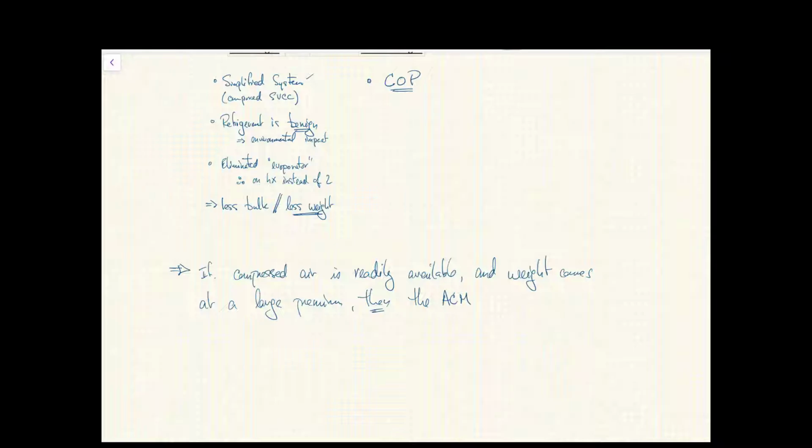Air cycle machine, that's the name again of the refrigeration system that runs on a reversed Brayton cycle. Then the ACM cycle, the ACM system makes a lot of sense.